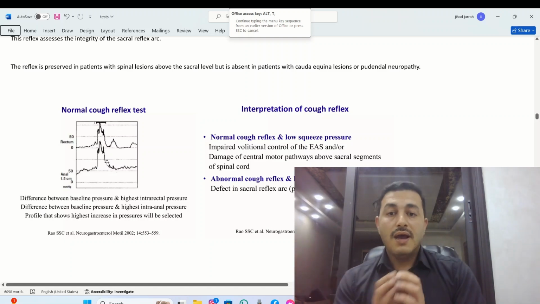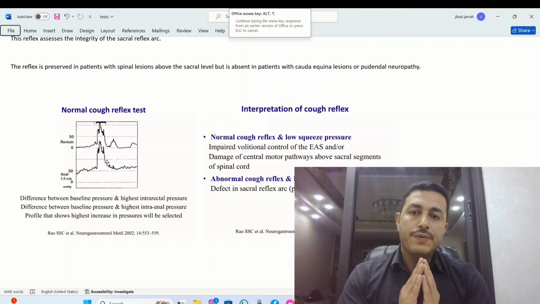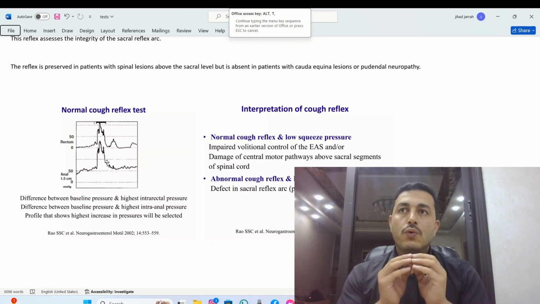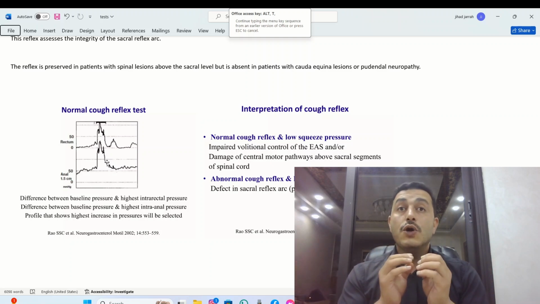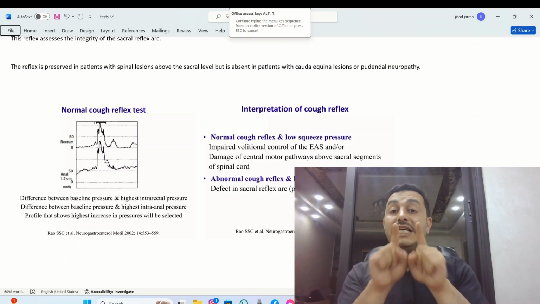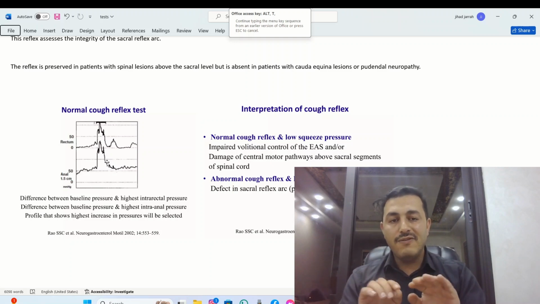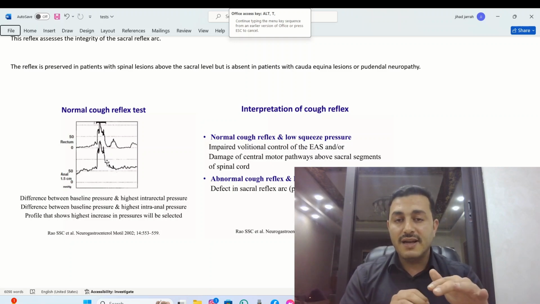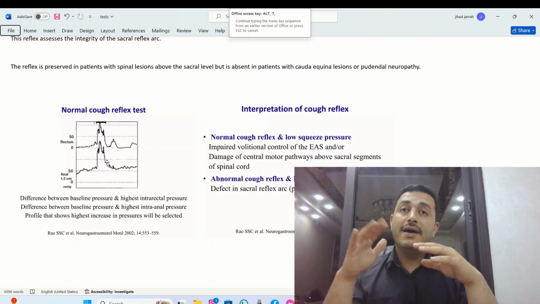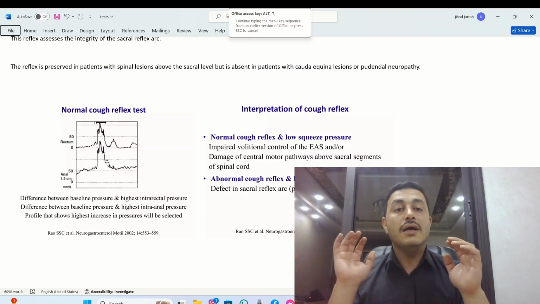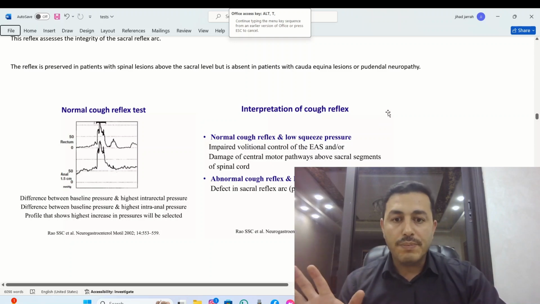What happens if it does not increase or is low? With absent cough reflexes, we start to talk about lesions in the sacral root, not at the level of the external anal sphincter, or a lesion in the pudendal nerve. So this may indicate pudendal neuropathy.